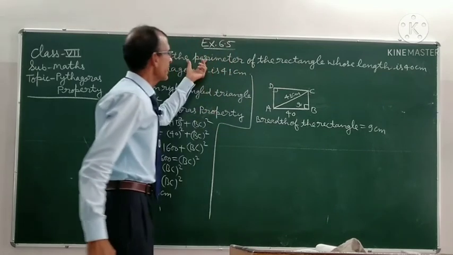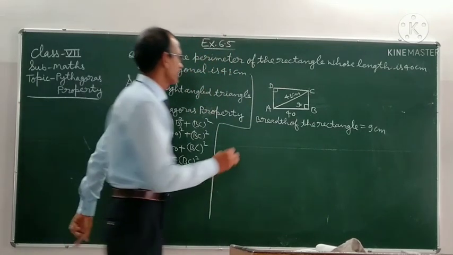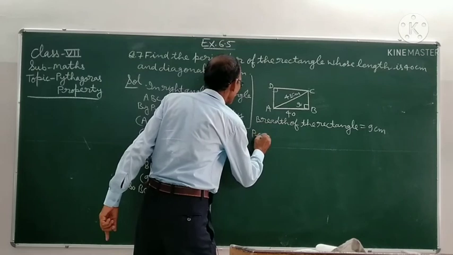Now we have to find the perimeter of the rectangle.